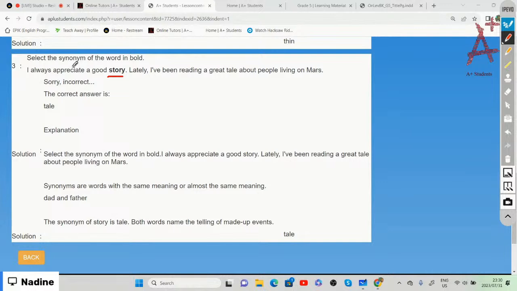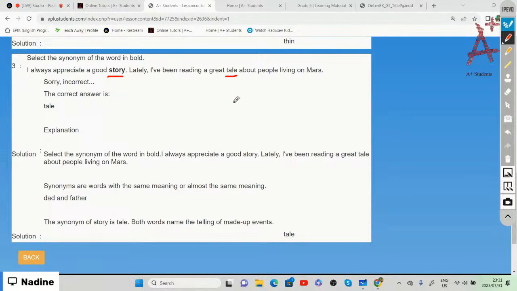If you tell stories, as much as some of the things are true, most of it is made up, right? Because sometimes when we tell stories, we need to add a bit of exaggeration to it. And another word for story is a tale, or a fairy tale. So, the synonym of story is tale.